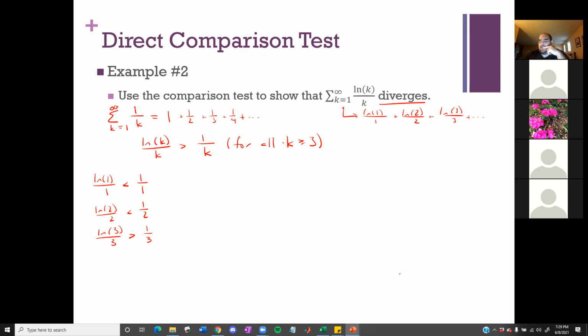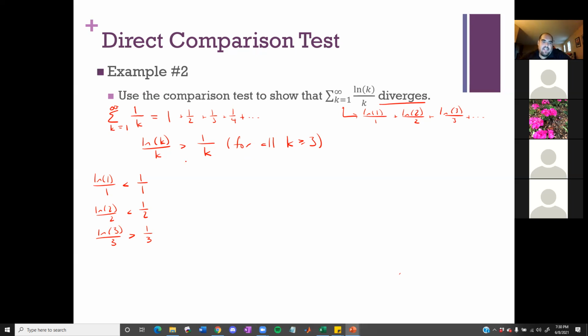And that's enough, because the way we figure out convergence or divergence is really all about what happens as k gets very, very large. So since this inequality is true for an infinite number of values of k, it's not really going to matter if it isn't true for the first couple of values.